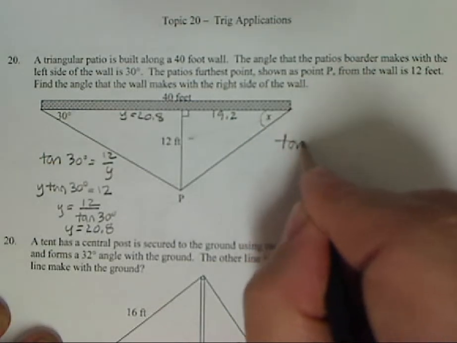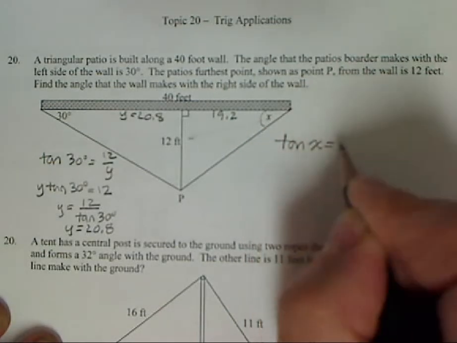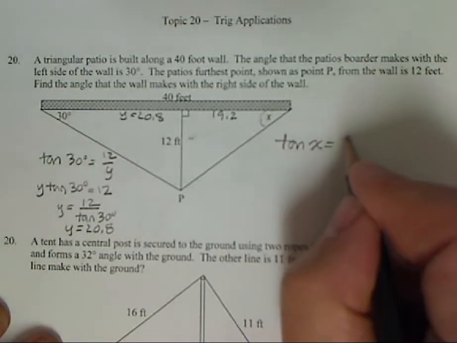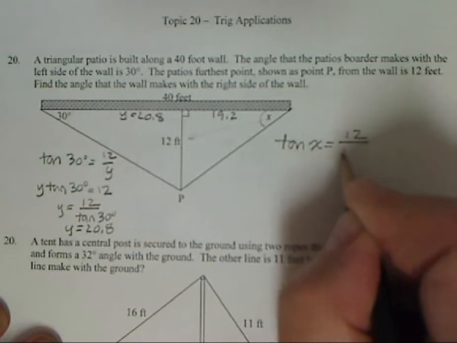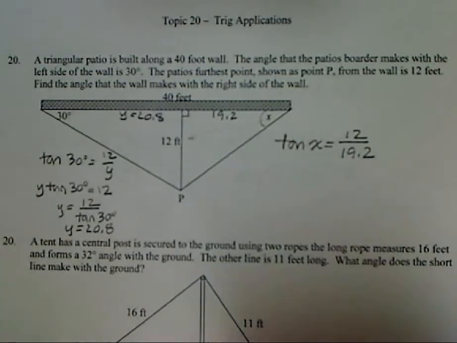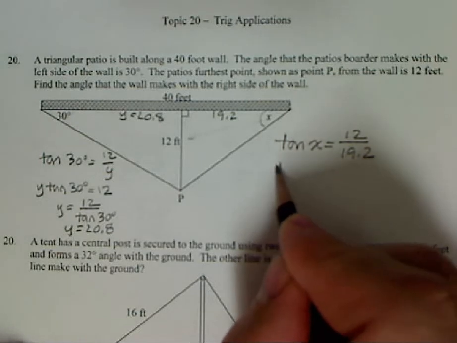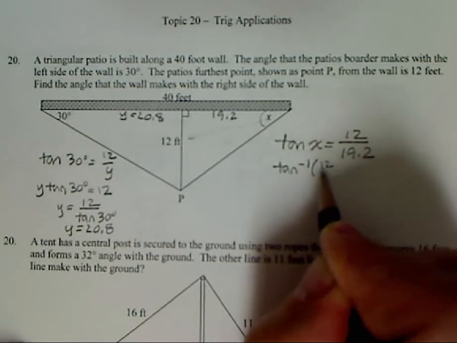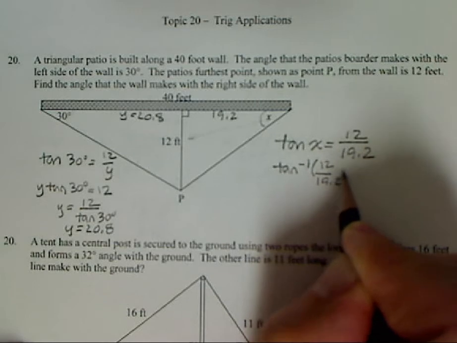So it's tangent of x is equal to opposite, which is 12, over my adjacent, which was 19.2. So that means I'm going to do tangent inverse of 12 over 19.2.